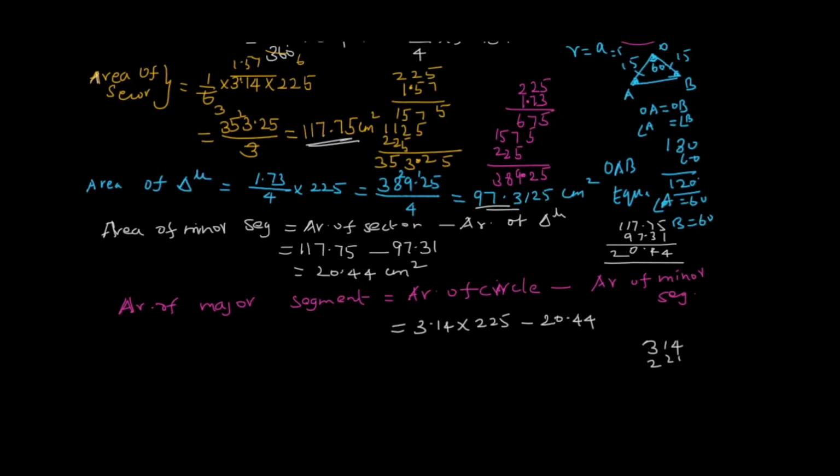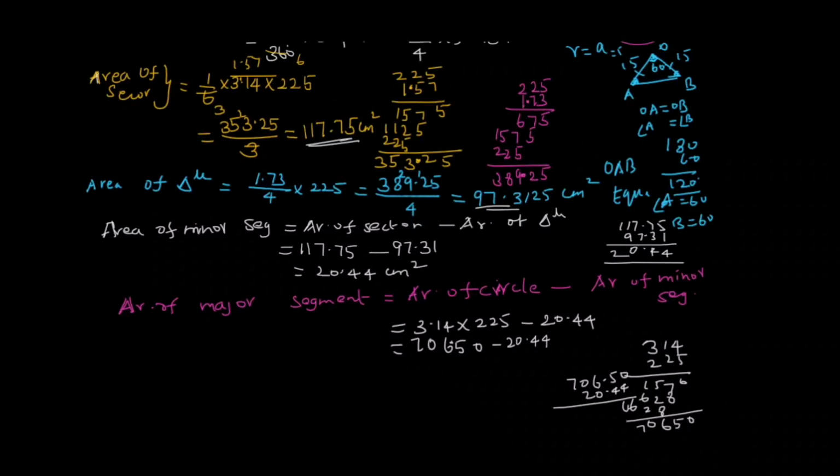314 into 225, so the product is 70650. After 2 digits keep a dot, 706.50 minus 20.44.